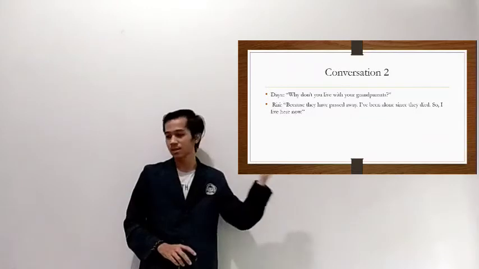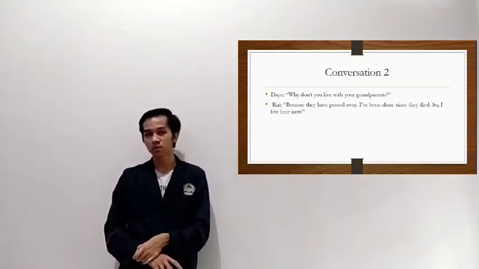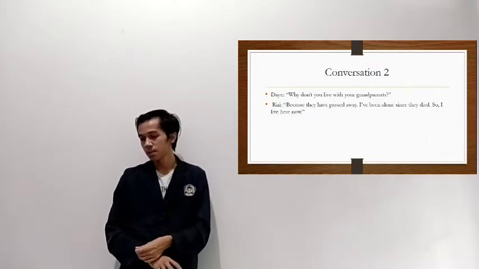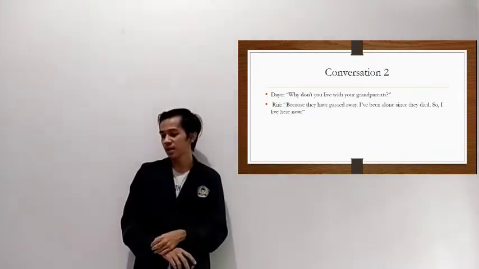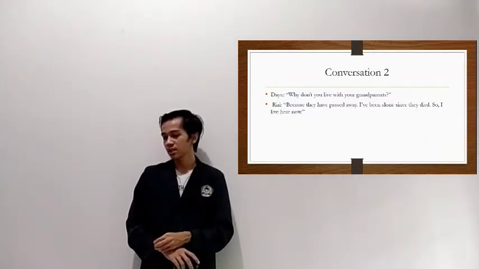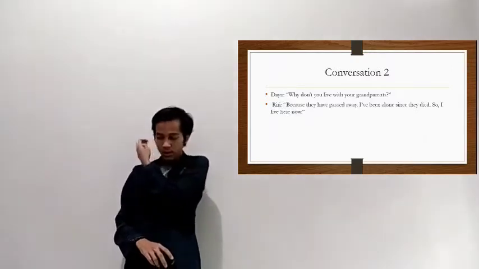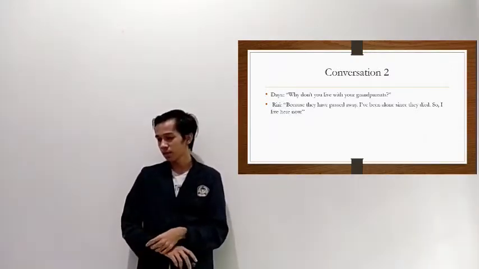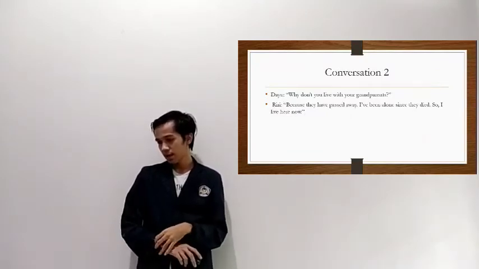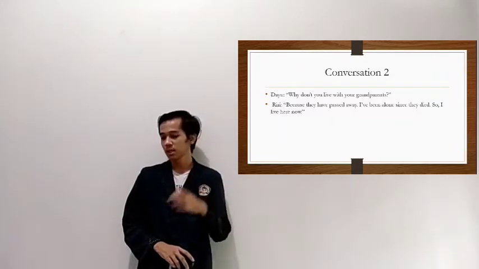Now look at this conversation 2. Why don't you live with your grandparents? Said Dayu. Because they have passed away. I've been alone since they died, so I live here now. So we can see here from Riri's utterance, they have passed away.